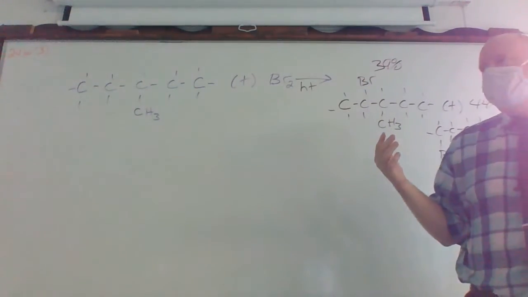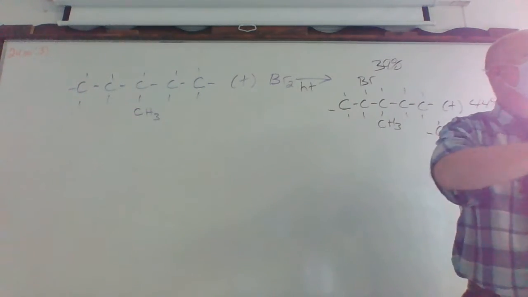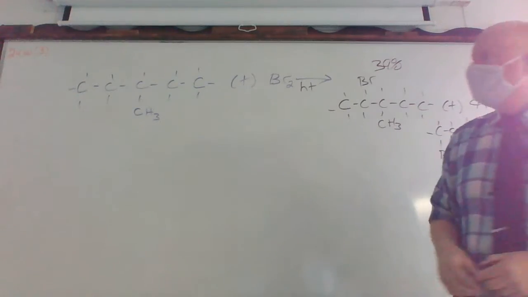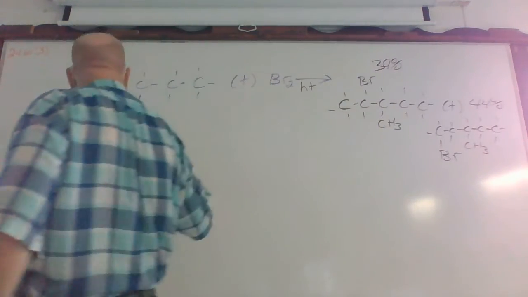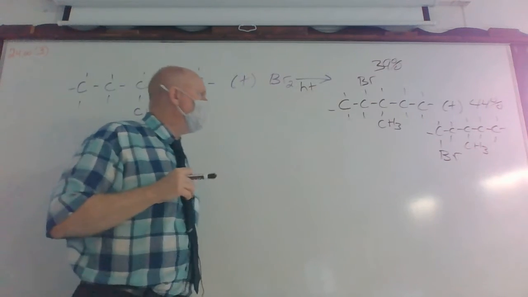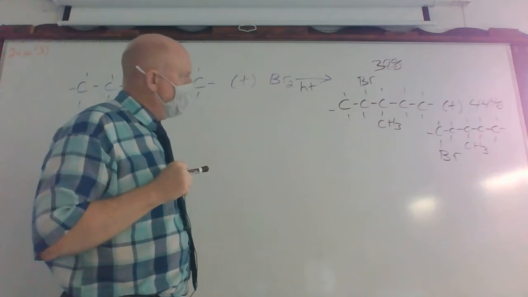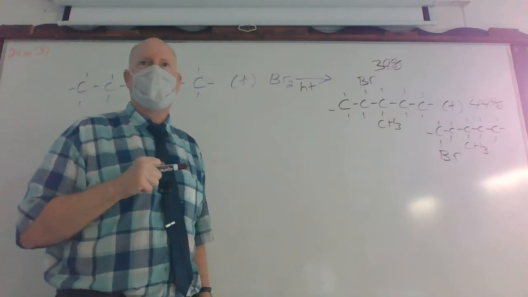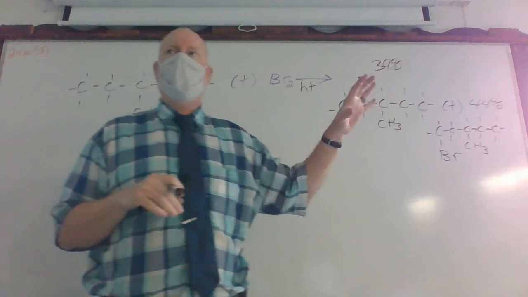We'll say 2-butanol. Now that doesn't mean anything to you right now, but next chapter it will. For the production of, we'll say, chlorobutane and 2-chlorobutane. So you know what the answer is.